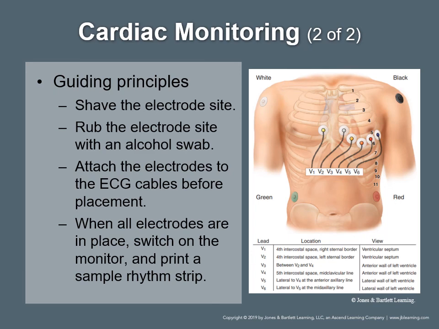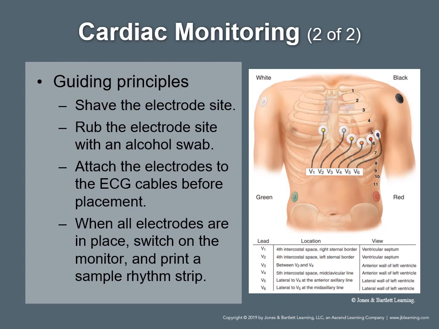You're going to skip to your V4 when you're doing your placement. You're going to place V1, V2, then skip to V4, and that is going to be mid-clavicular right under the breast. Okay? So you go to the mid-clavicle line and come directly under the breast, and that's where you place V4. V3 is going to go at a diagonal angle between V2 and V4. All right? And so then V5 is going to be your anterior axillary.